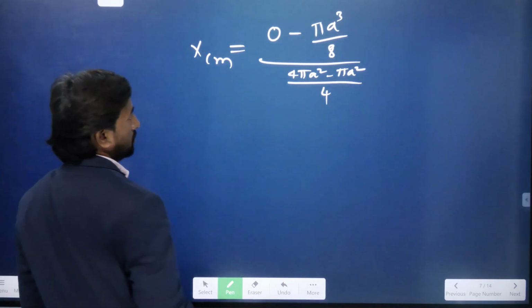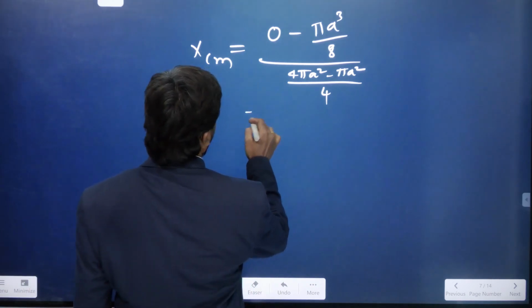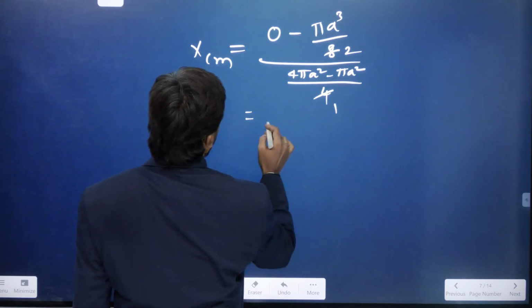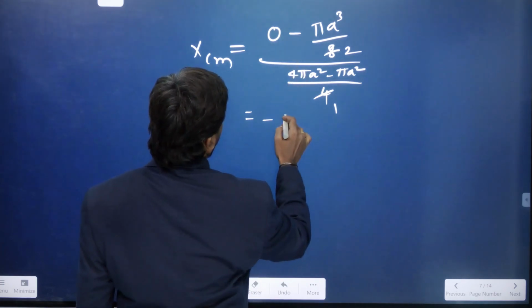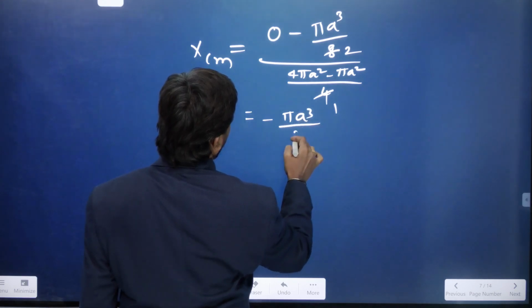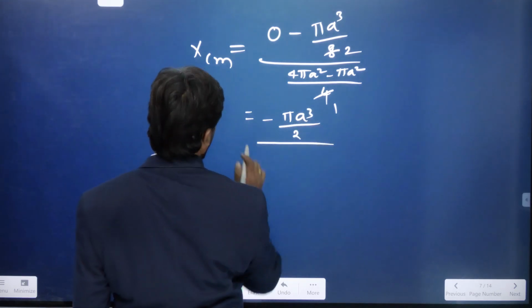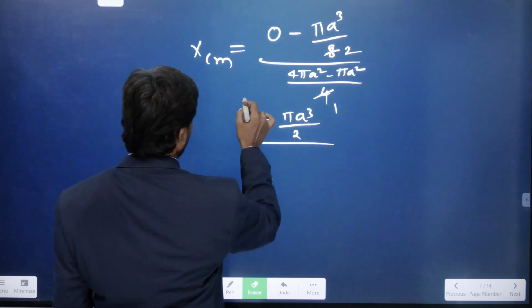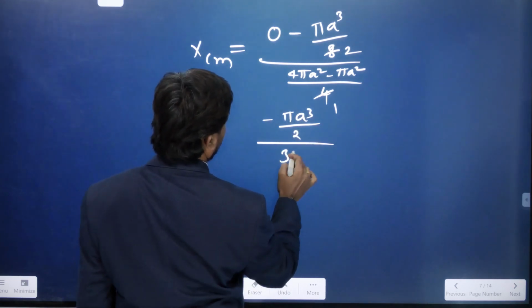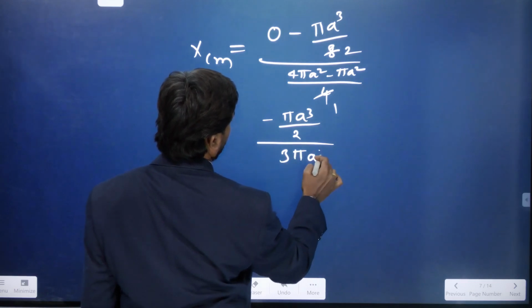Now this has to be simplified, so minus pi a cube divided by 2, whole divided by 3 into pi a square.